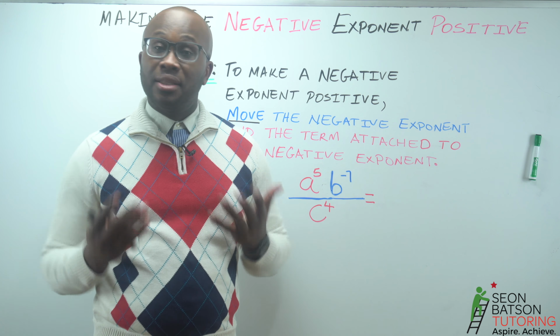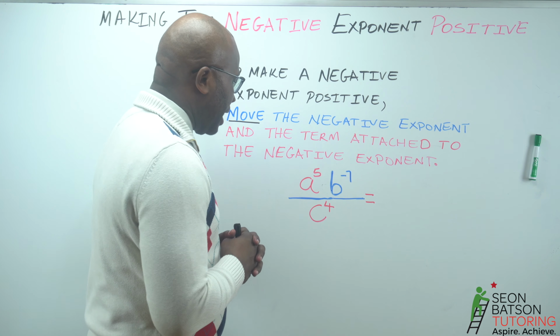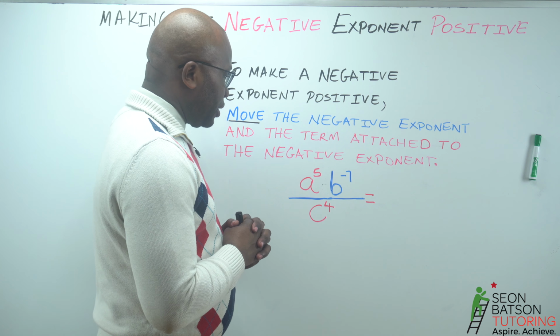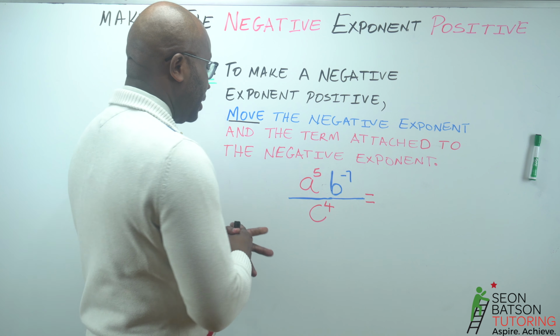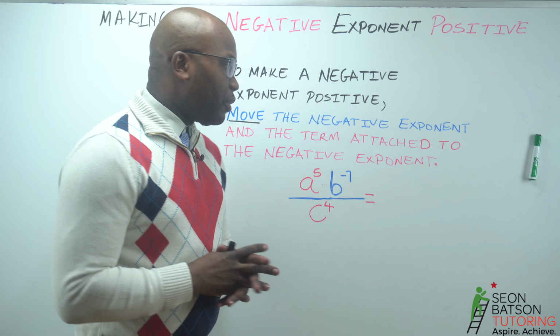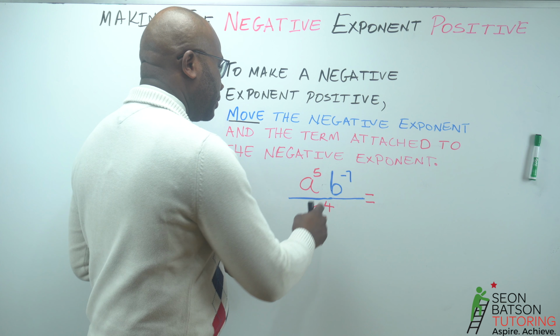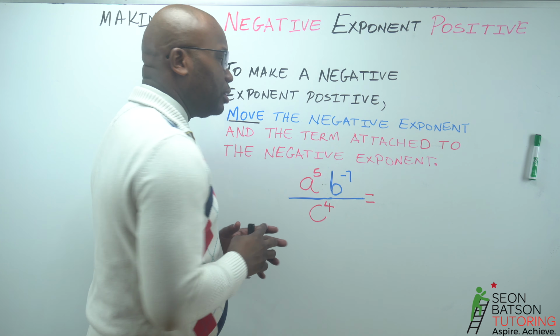Yeah, it's that simple. Let's try the first example here. We have a to the 5th power, b to the negative 7th power in the numerator, and in the denominator we have c to the 4th power. Our negative exponent is negative 7, and it's in the numerator.